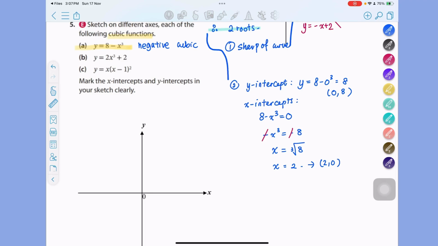Let's start to plot the graph. From here, I will label (0, 8) and (2, 0). Make a cross here. Now we sketch the graph.